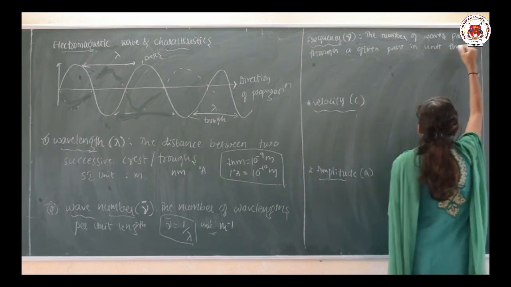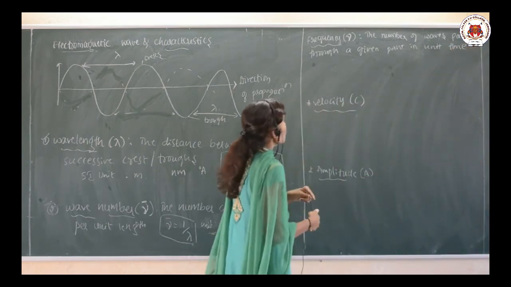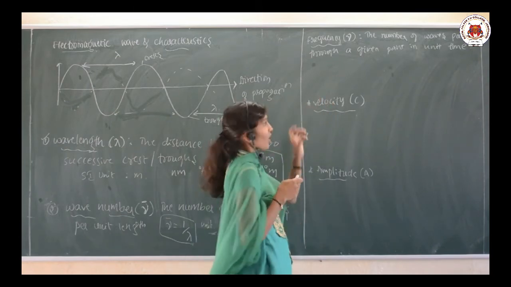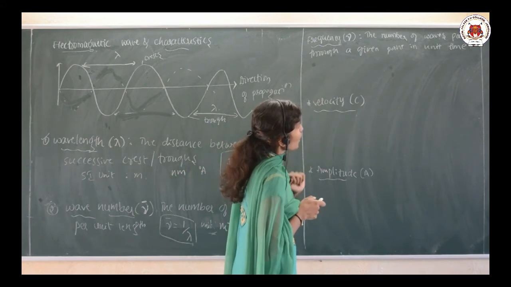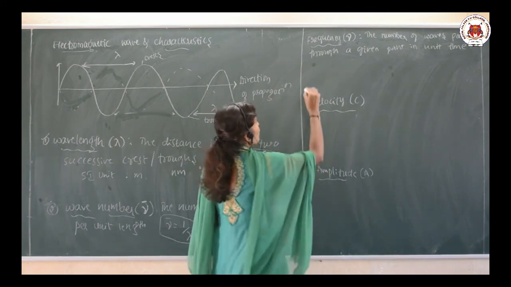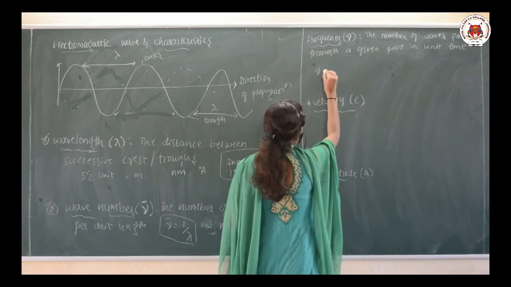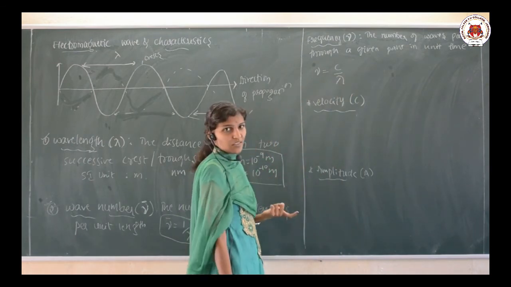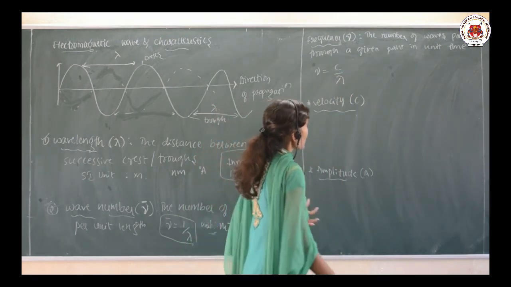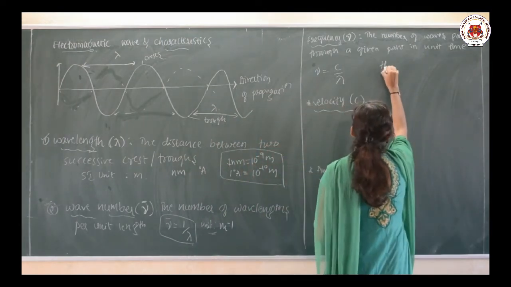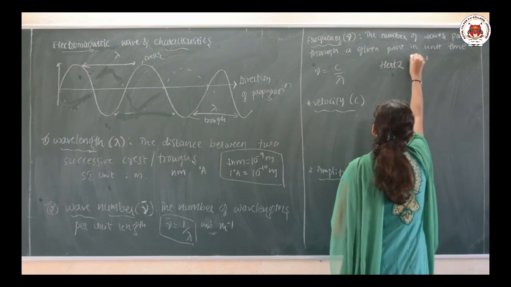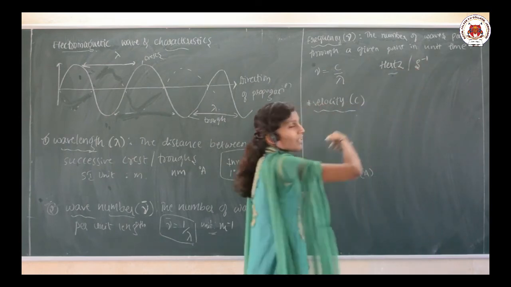How many waves are passing through a given point in unit time, and the frequency formula is nu is equal to c by lambda, where c is the velocity and lambda is the wavelength. Its unit is hertz, or per second, you can even use per second. Mainly hertz we are going to use.